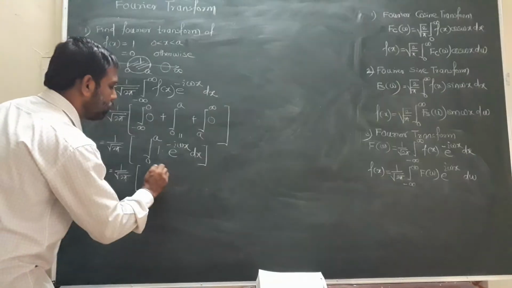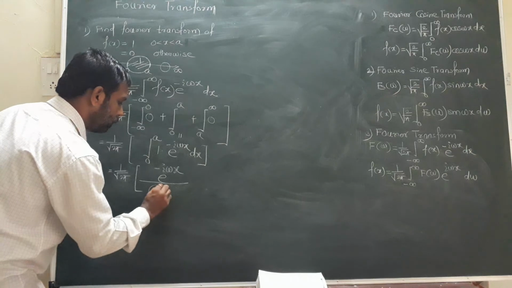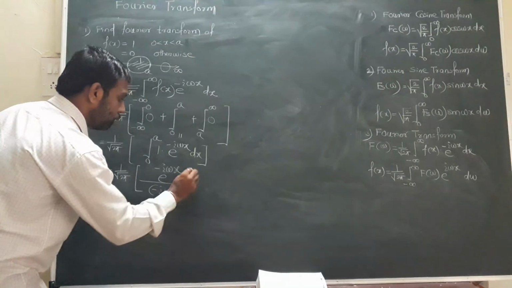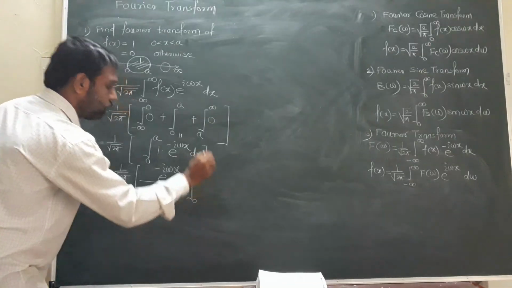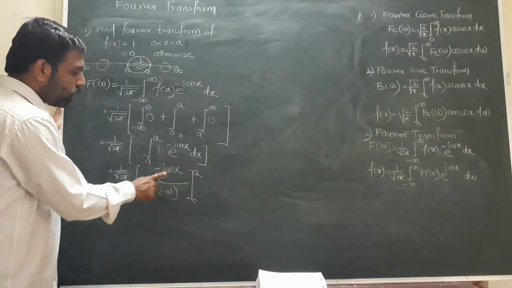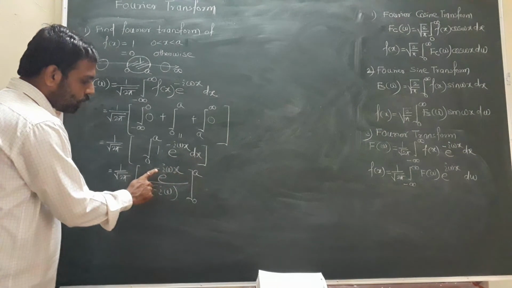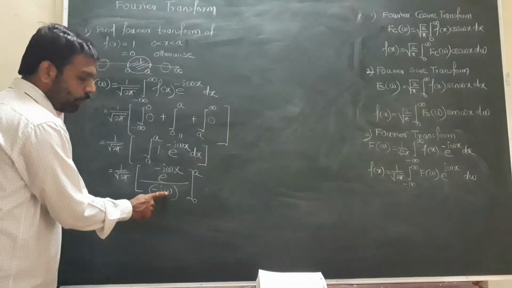the integration of this. So this is our integration. The integration of the exponential is as it is, divided by the derivative of the power with respect to x, so it is minus i omega, so that I have written here.